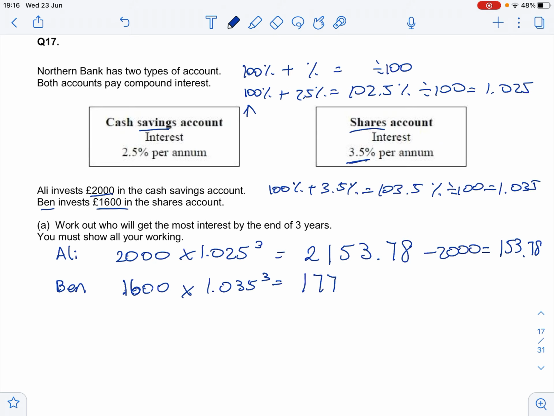Which is 1773.95, minus what he had originally. He received 173.95. So who will get the most interest by the end of 3 years? So Ben will get more.